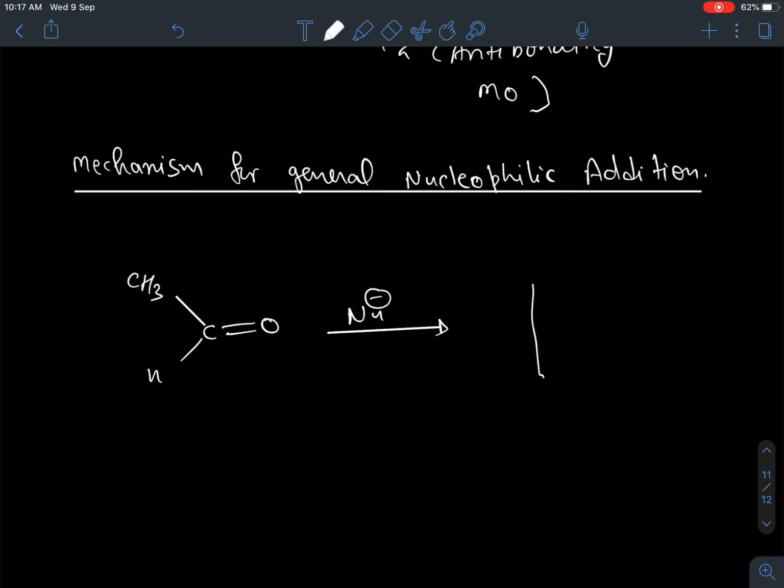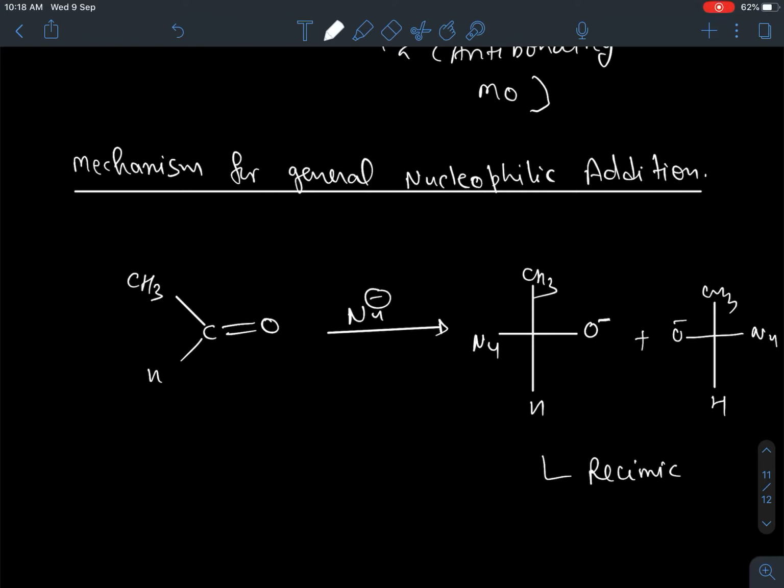I am going to show you in the Fischer projection form that the product of this reaction will be O minus, CH3, H and nucleophile, so we are going to get a racemic mixture. Further, what will happen?